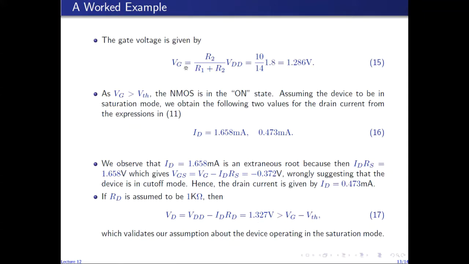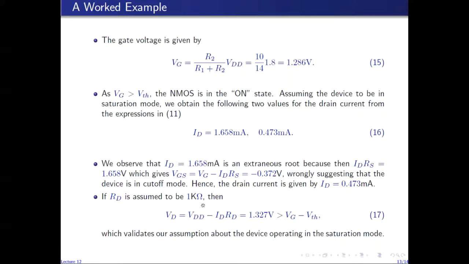Using this number and the threshold voltage of 0.4 volts, 1.286 minus 0.4 is 0.86. So this value is 0.86 and VD is 1.327. Following the guidelines, this establishes that the NMOS device is indeed operating in saturation.